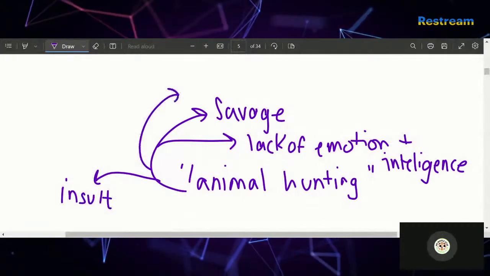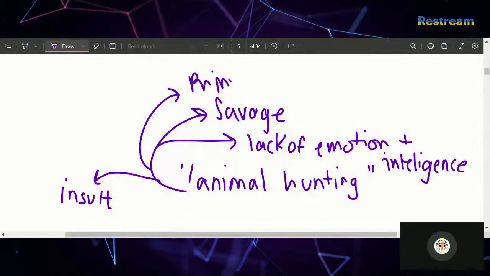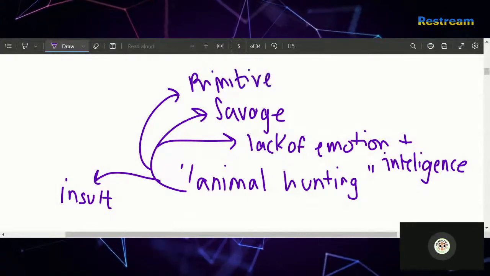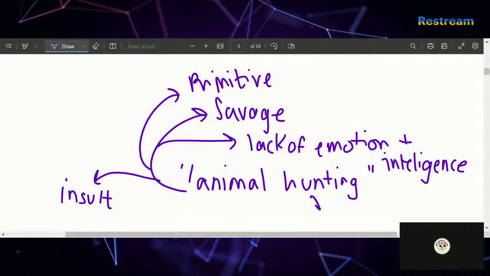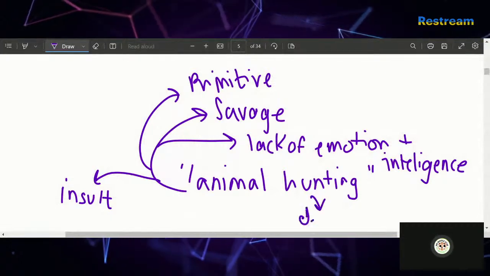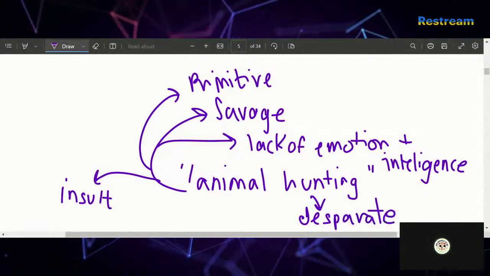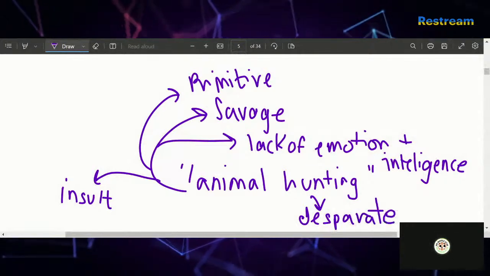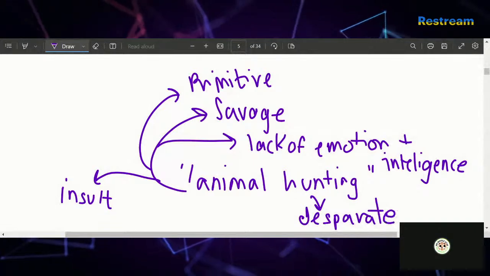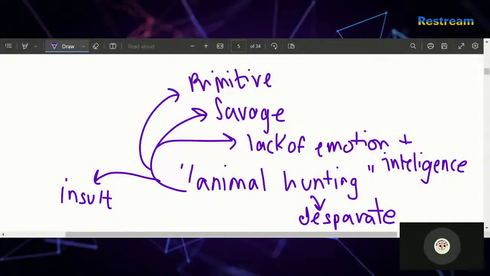We also have words such as primitive. Hunting sounds like this idea of being desperate. This idea of survival.